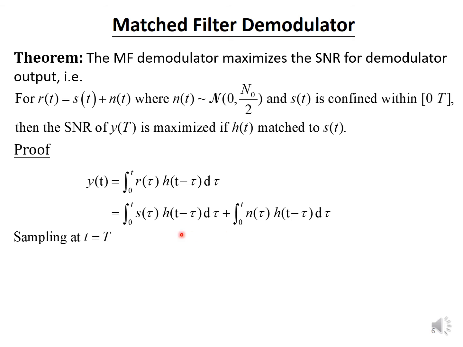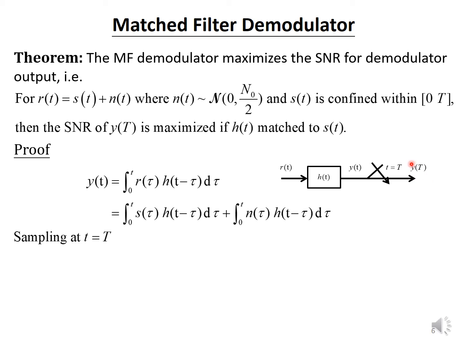architecture, after this matched filter, we do a sampling at t equal to capital T. Okay, we do a sampling, right? What we do after this matched filter is a sampling.